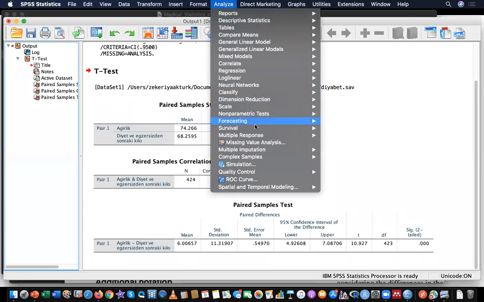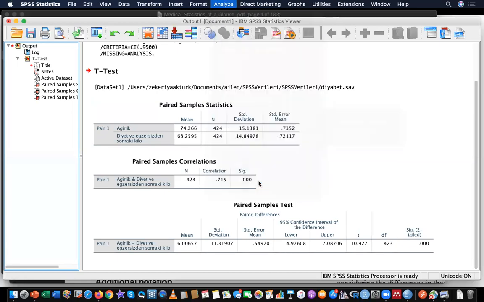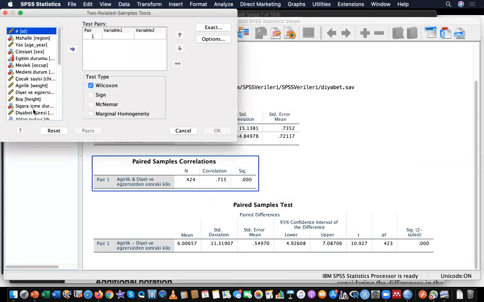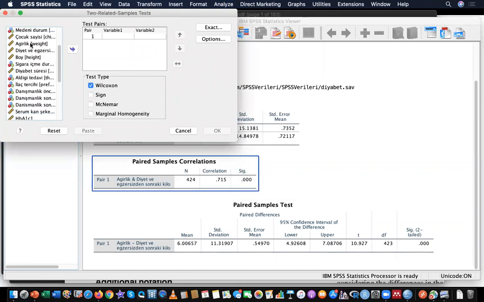If I cannot meet the assumptions and want to do the non-parametric test, then I select from the menu the two related samples. And here there is weight, ağırlık, and diyet ve egzersizden sonra ağırlık. There are other paired tests, but we have to select the Wilcoxon, of course.